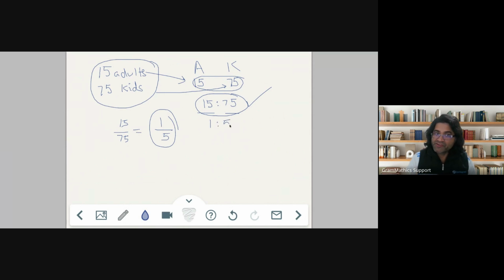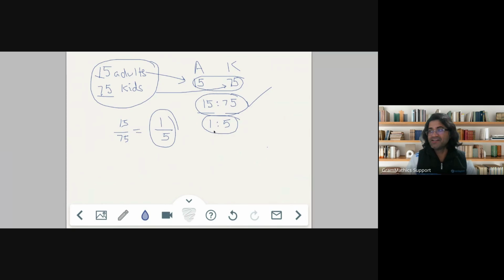If the question says, give me the ratio in the simplified form or the simple ratio, then your answer will be 1:5. Who are we comparing? Adults versus kids. Kids win here 5 times. Kids always win, to be honest. So 1:5 is the ratio.